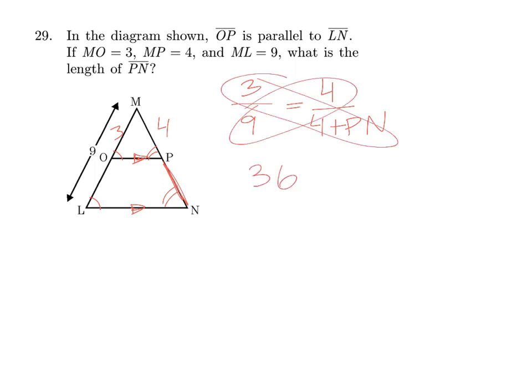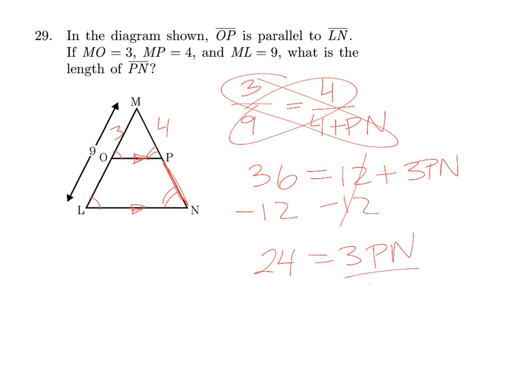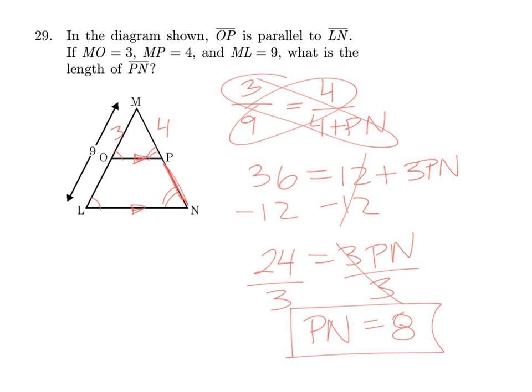I have 36 equals 12 plus, don't forget to distribute, 3PN. Subtract 12. I have 24 is equal to 3PN. Divide by 3. And PN is equal to 8. That's it, 8 units. Just say PN is equal to 8. Done.